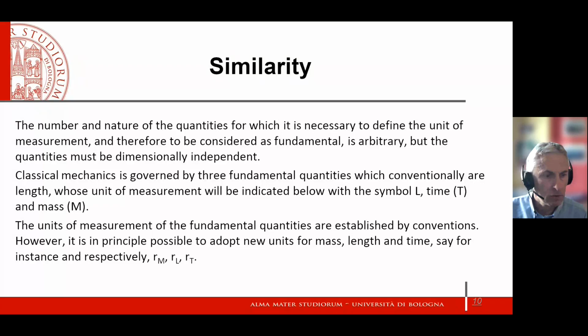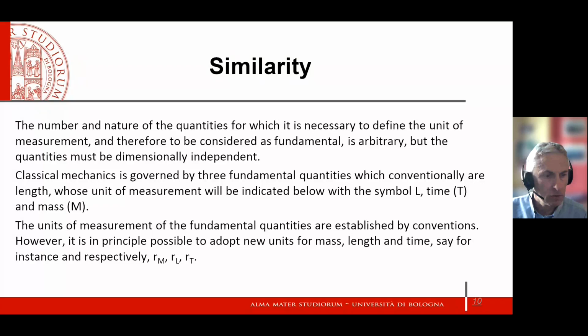So there is no other physical quantity in classical mechanics that needs an additional fundamental quantity. Once I define the unit of length, time, and mass, all the units of the quantities in classical mechanics can be derived from them. But I said earlier that the number is arbitrary. So there is a contradiction here.